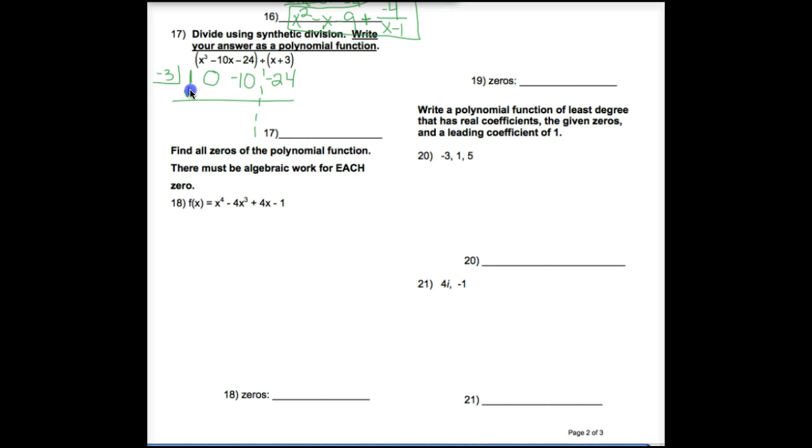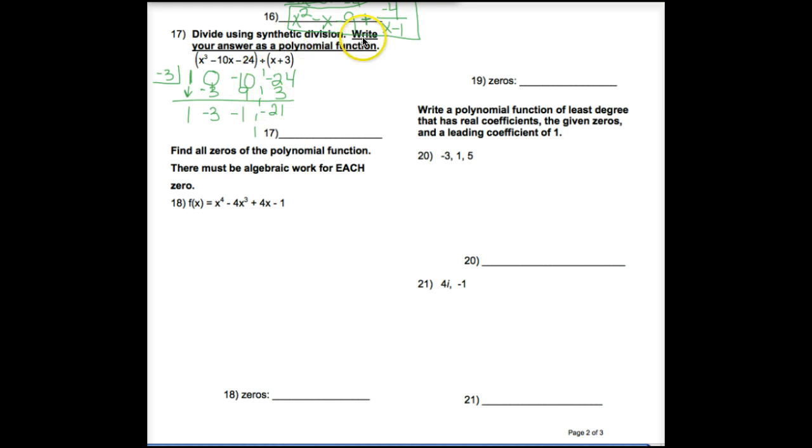So bring down my first term, multiply box times bottom to get negative 3, then add the column. Box times the bottom is 9. Now add the column, negative 1. Box times the bottom is 3, which gives me negative 21.